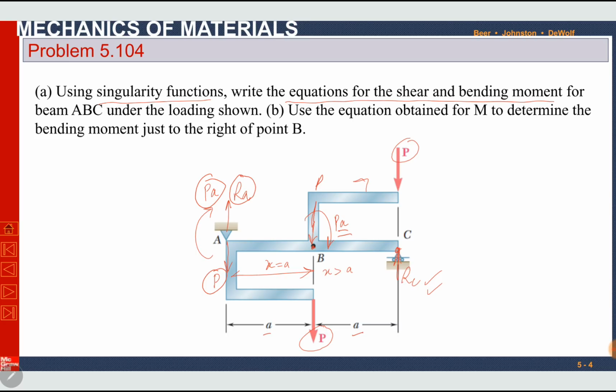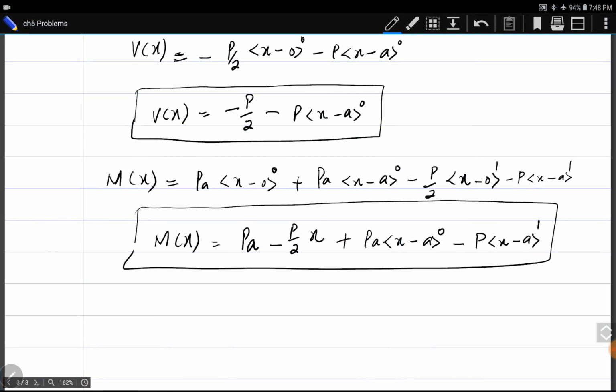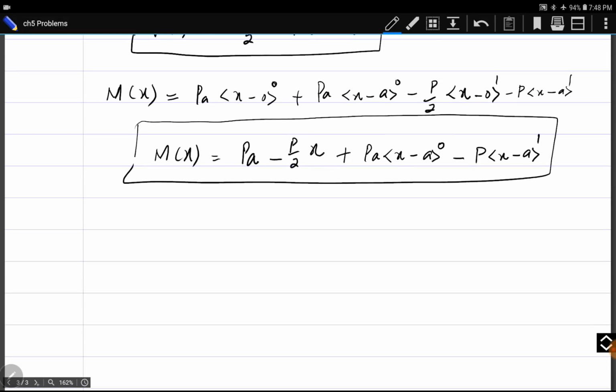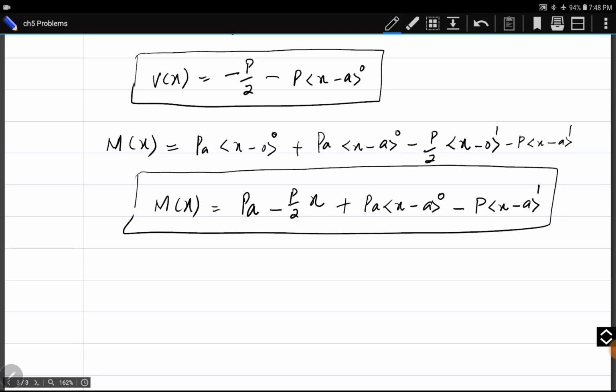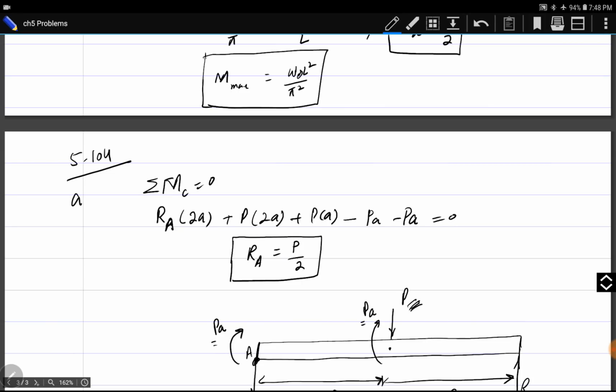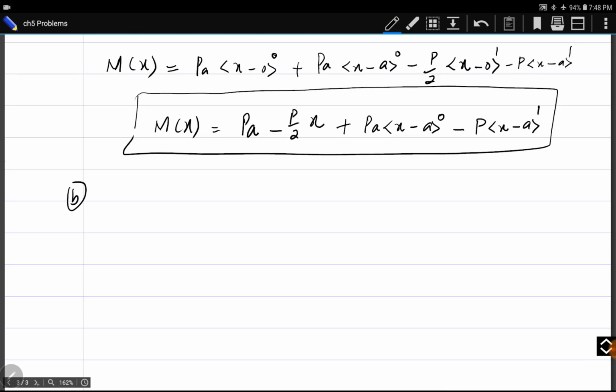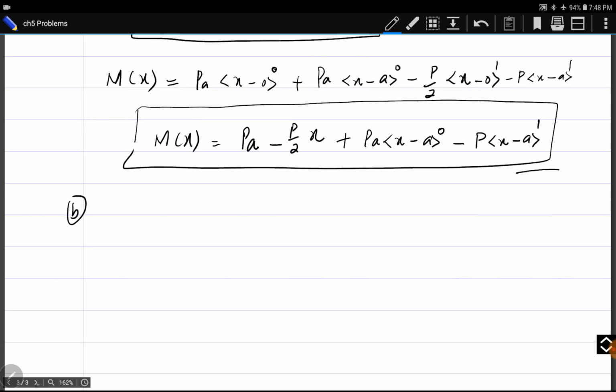Okay, we will put x equal to a in this expression. Just to the right means almost point B, but x is slightly greater than a, so x minus a is a positive number. So in the expression of moment for part B, up till now we were solving part A. So for part B, this is equation number 1. Put x equal to a in equation 1.